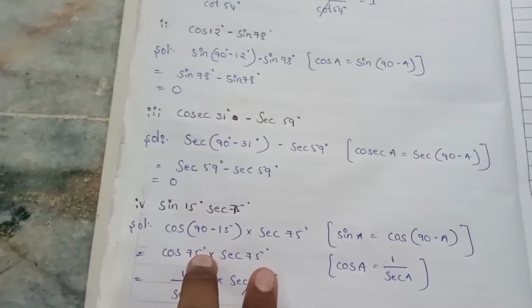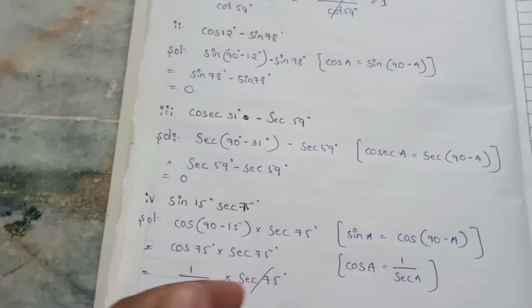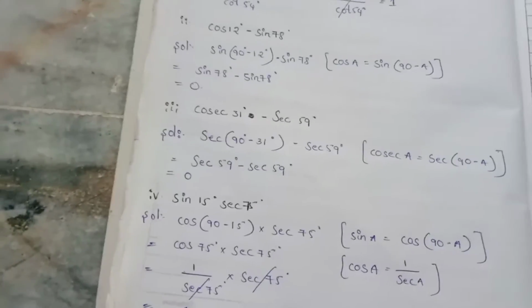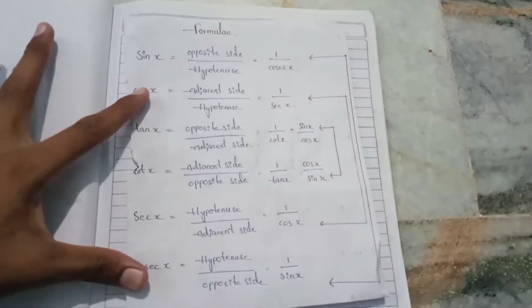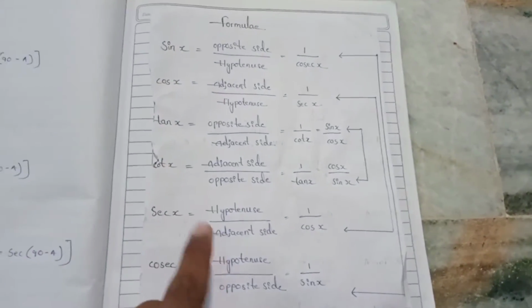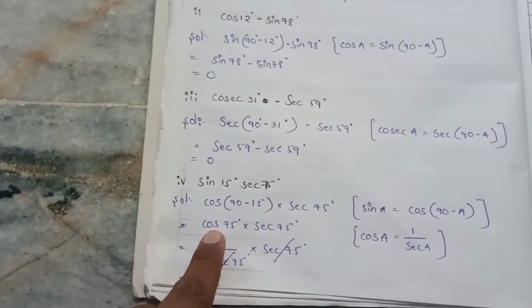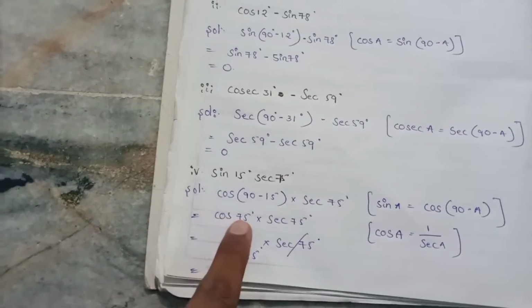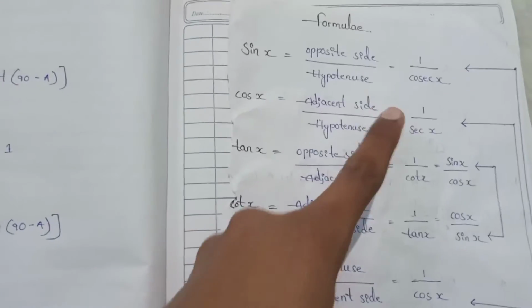But the degrees are equal. So we have to use the second type of formula. See here, this type of formulas we have to use here. Only one: cos x. Cos x is nothing but 1 by sec x.